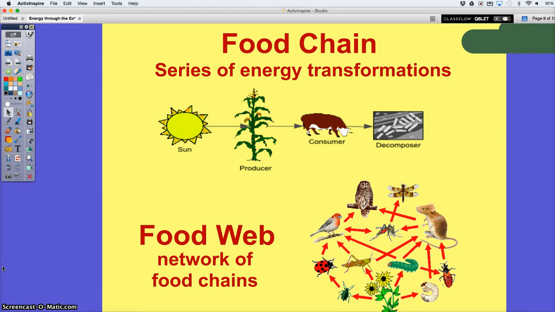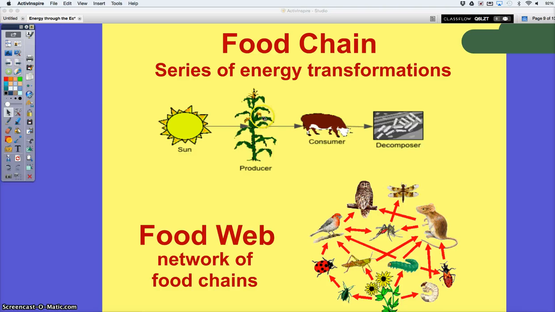Many organisms feed off a plant, and the organisms that feed off that plant might be eaten by several organisms. So that's where the web kicks in. Now, I'm going to say this because yesterday in somebody's presentation, they showed a food chain. You see these arrows? What do you think they represent? Energy transformation.